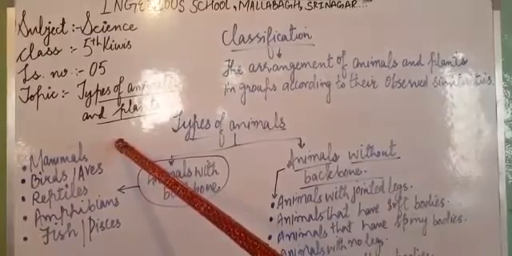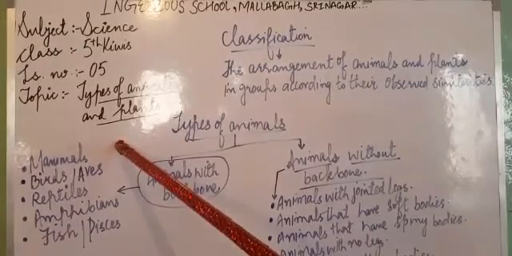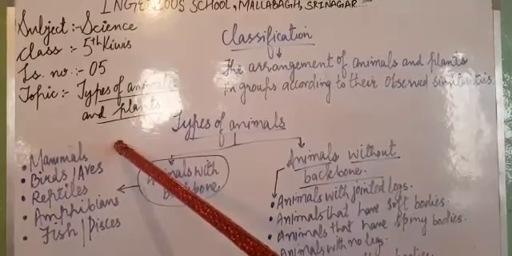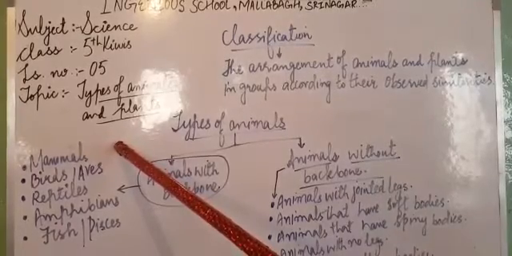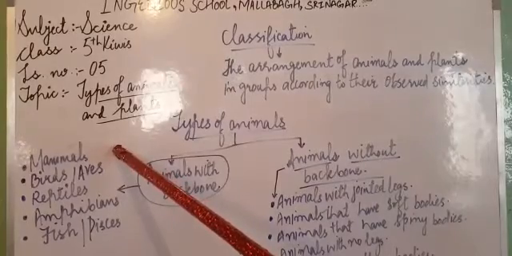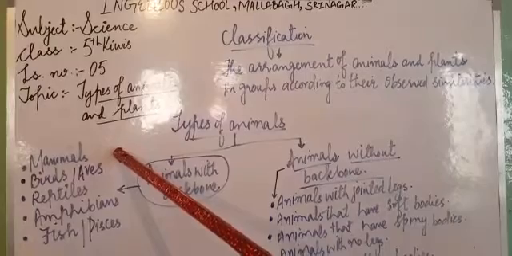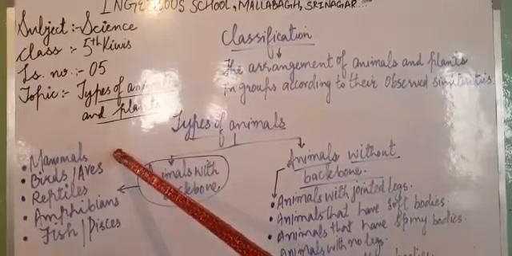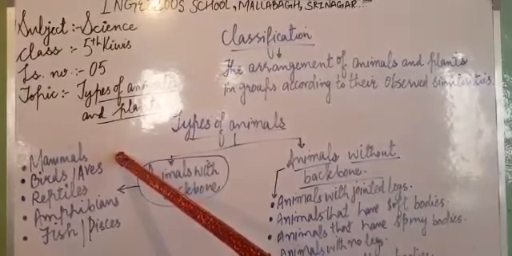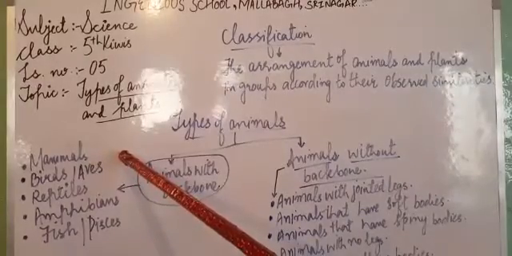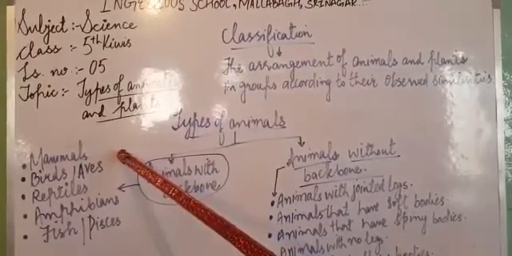Mammals have one more feature, that their body is covered with fur or hair. Most of the mammals live on land. Some mammals like whales and dolphins live in water. They are aquatic animals. Got it?